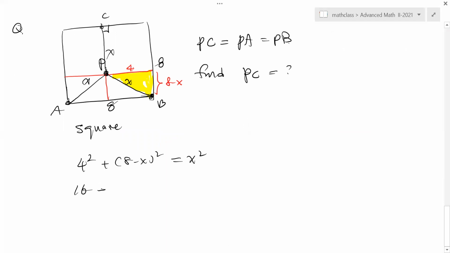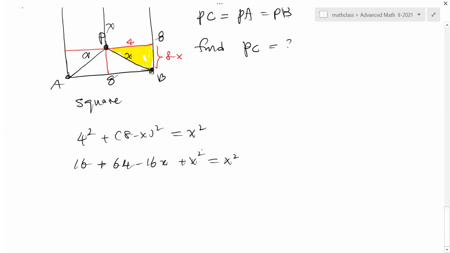So 16 plus 64 minus 16x plus x squared equals x squared. X squared is gone, then 16x equals 64 plus 16, which is 80, right?